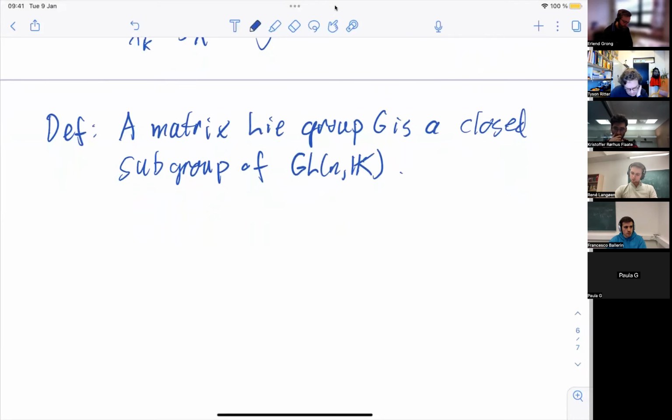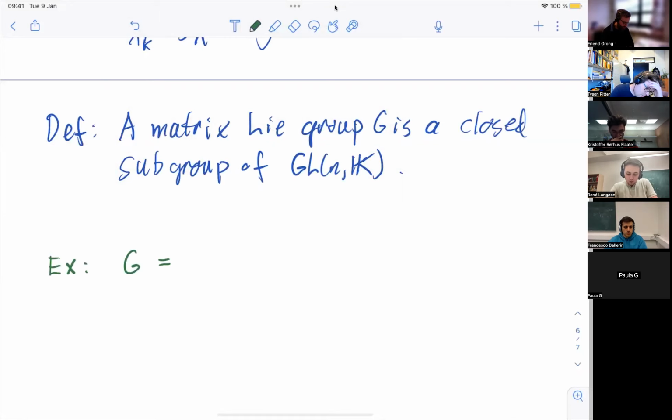So the easiest thing to understand this is to do some examples. Let's start out with a relatively simple example.